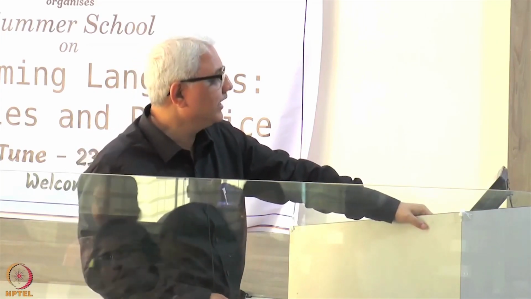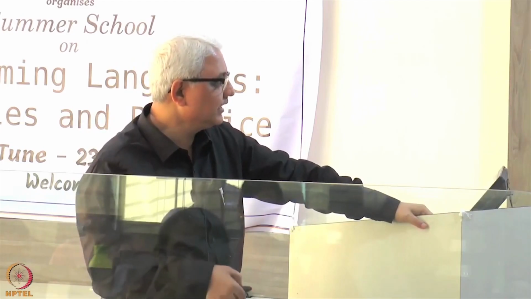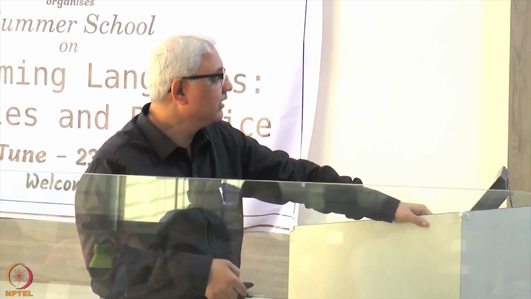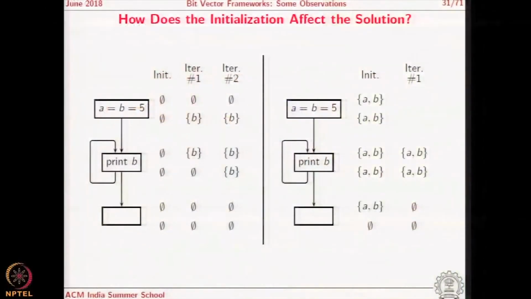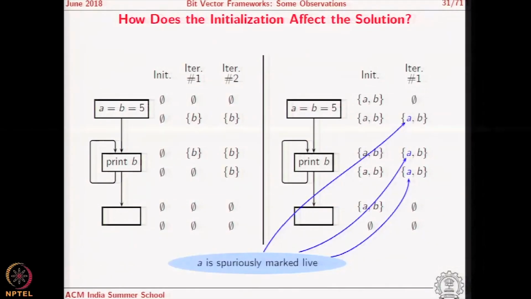So, our solution is, we begin with this as the empty set initially, this is AB because that was the initialization, this is AB, because A is live here and it is not killed. So, A is live, this is AB and this is AB, and now in the next iteration we find that this remains the same. So, A is spuriously marked as live, right.